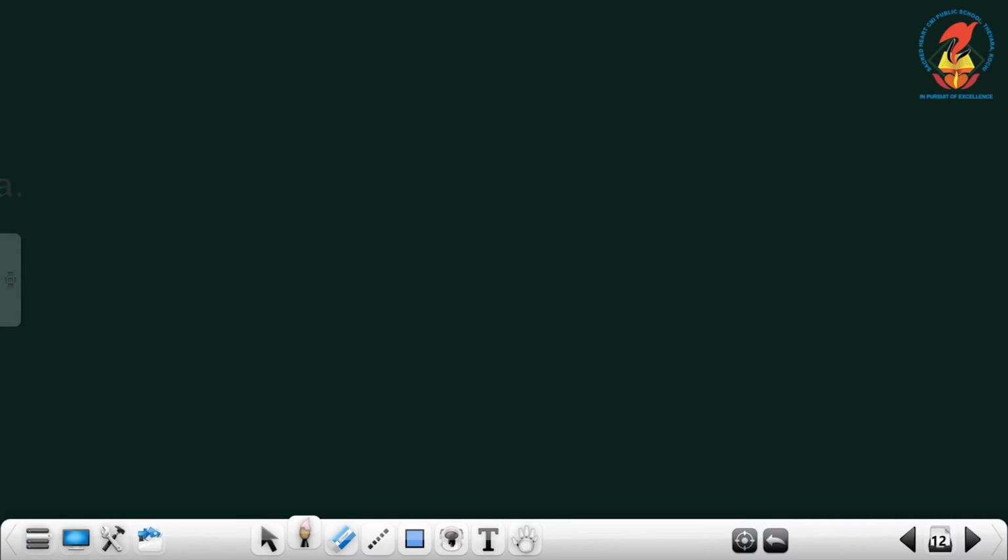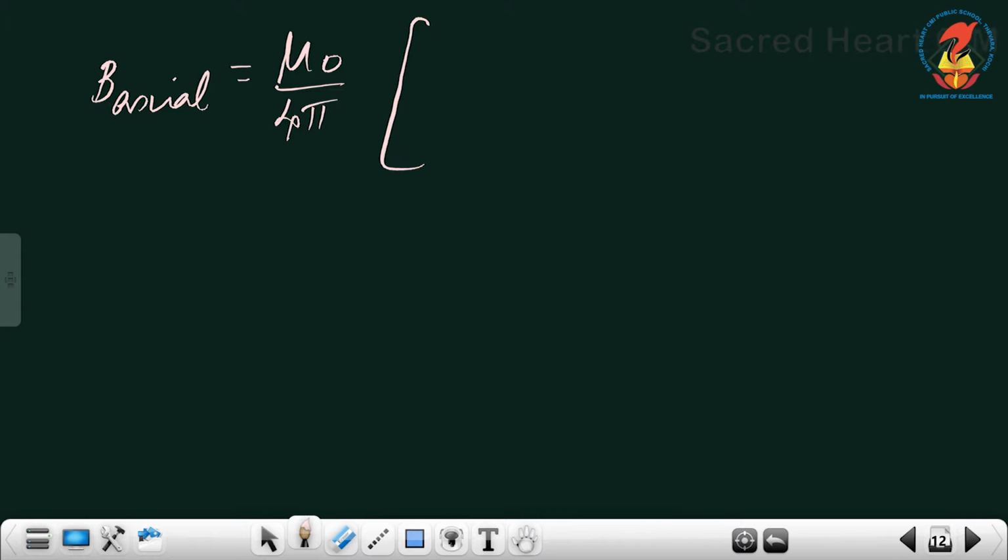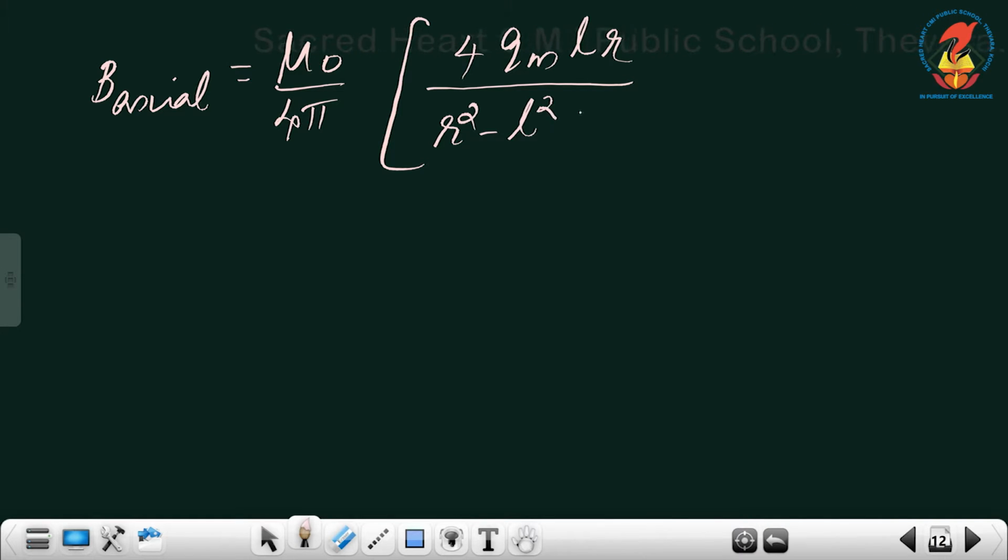Now I'm going to write the equation once more. B axial is equal to mu 0 by 4 pi into 4 qm rL divided by (r square minus L square) the whole square.